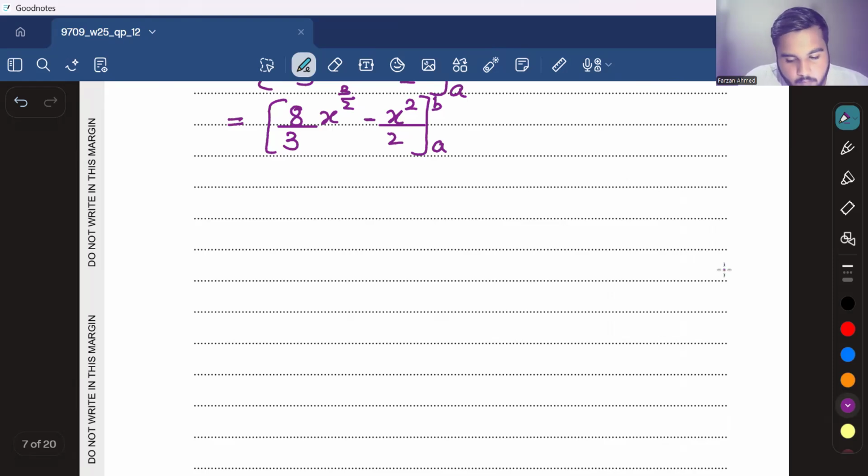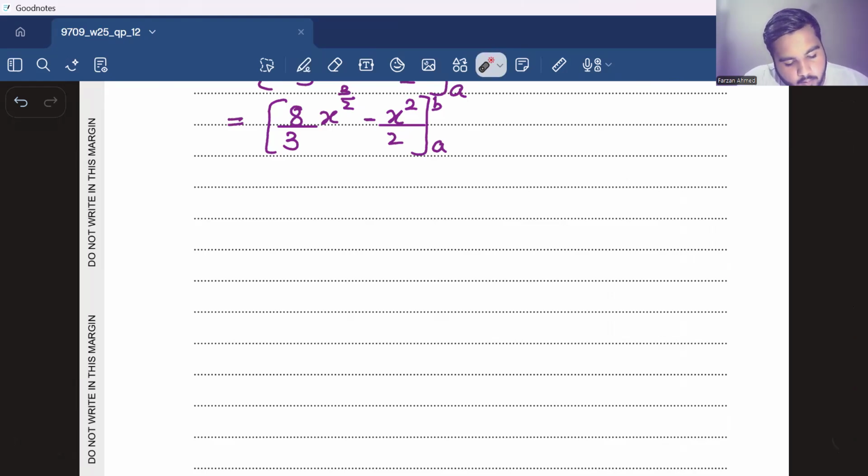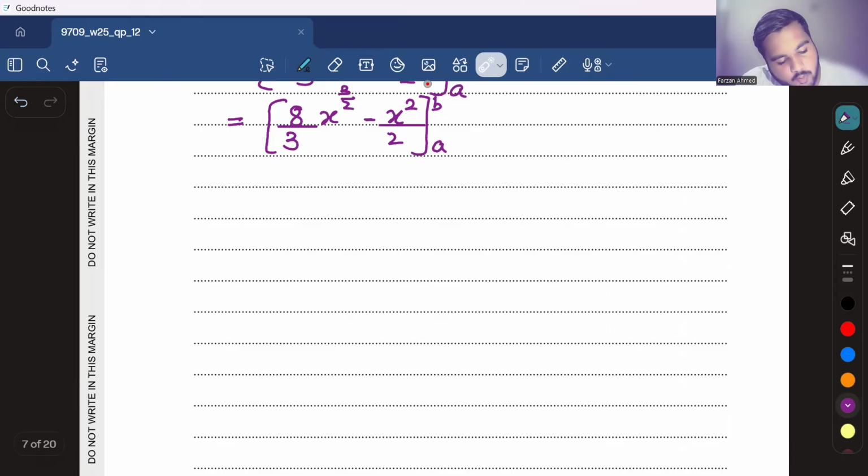Now, from here, we will get the equation. How will we get the equation? We will apply the limits. So 8 upon 3, in the place of x, we will put b to the power 3 upon 2 minus b square over 2.